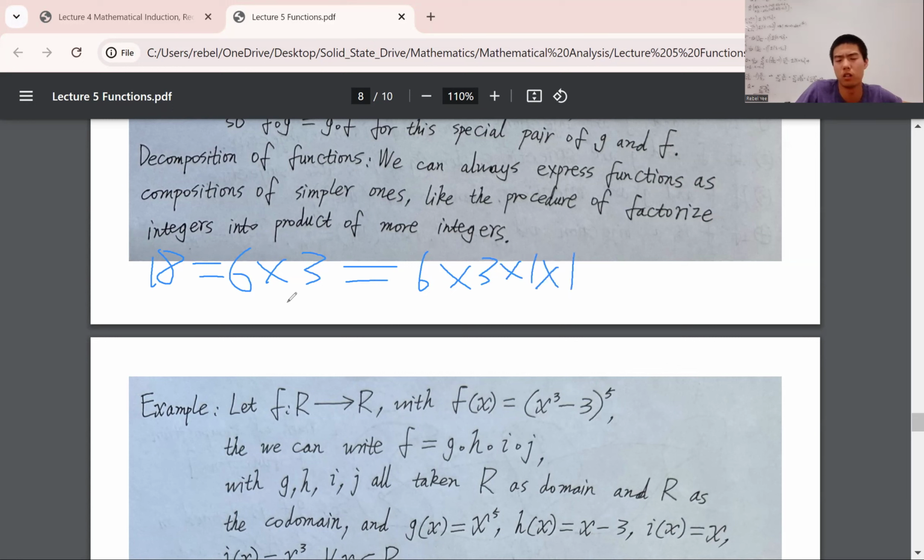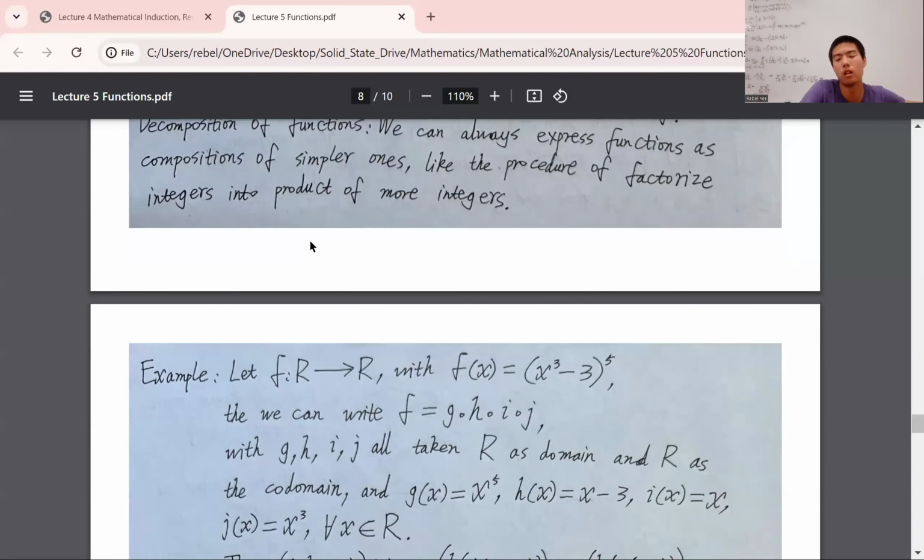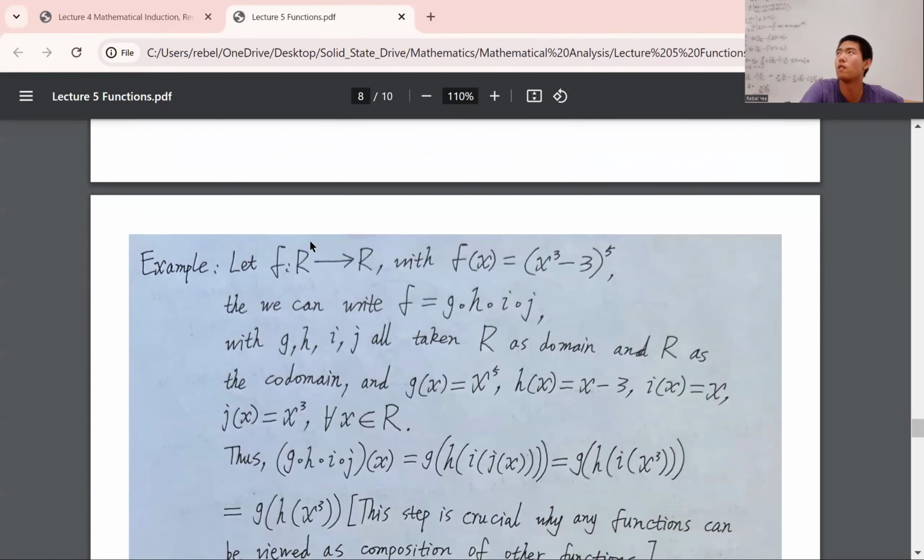And if there's an integer like 2, which is a prime number, you can also do 1 times 2. So you can always add 1. The idea in function composition is very similar. You can always do the procedure of decomposition because you can factorize using identity functions.